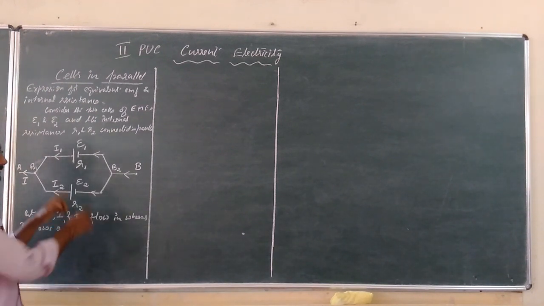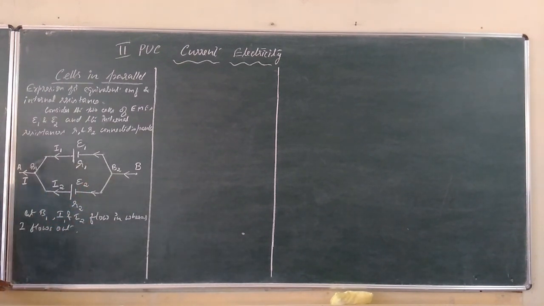Since the current is steady, there is no accumulation of charge. Whatever current comes to this point goes out of this point. Therefore, I1 and I2 make the total current I. So I is equal to I1 plus I2.